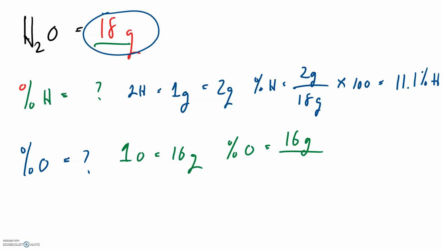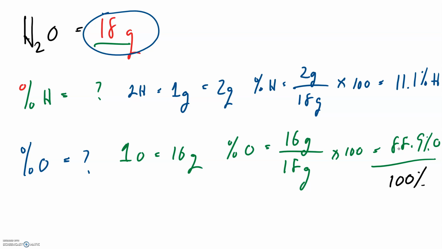We're going to say, well, 16 grams divided by 18, and then we'll multiply it by 100 to get it into a percentage, and we should get 88.9% oxygen. We should, if we did this right, be able to add these percentages up and get 100. Because we're rounding, sometimes they'll be a little weird, but they should be close. Since we're rounding, all we care about is close.